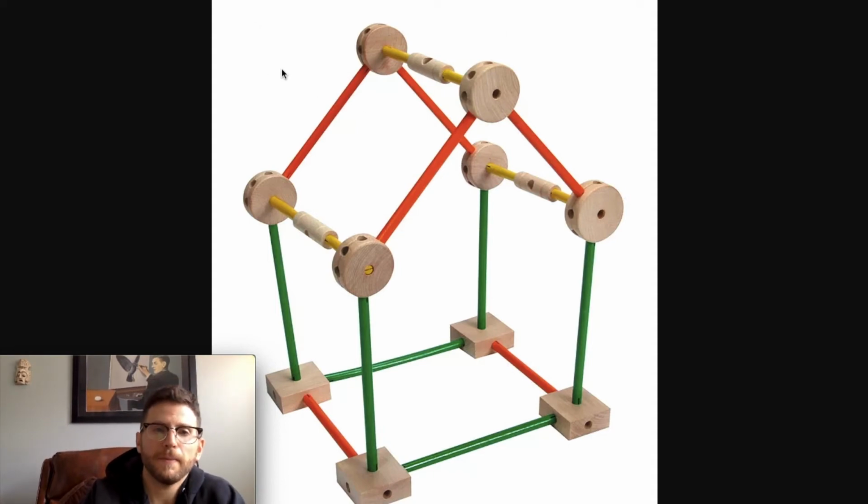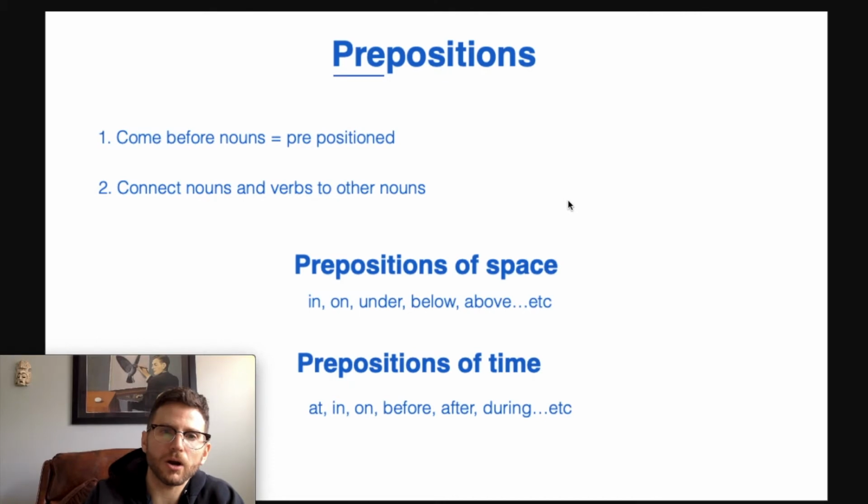So what are prepositions? Prepositions are words that come before nouns. They are prepositioned before nouns. The etymology or the structure of that word preposition tells you exactly where to find prepositions in a sentence. They come before nouns.